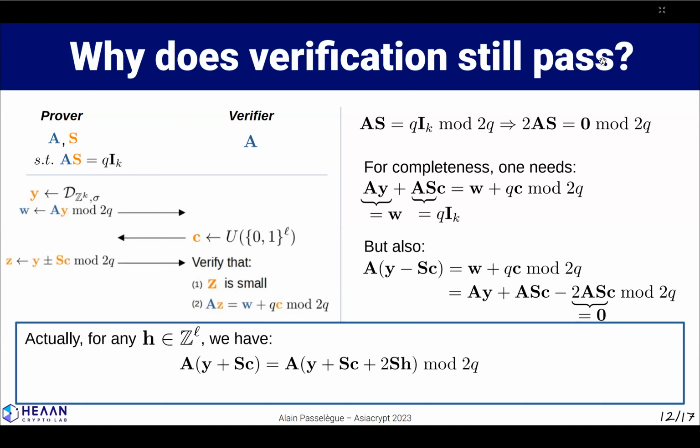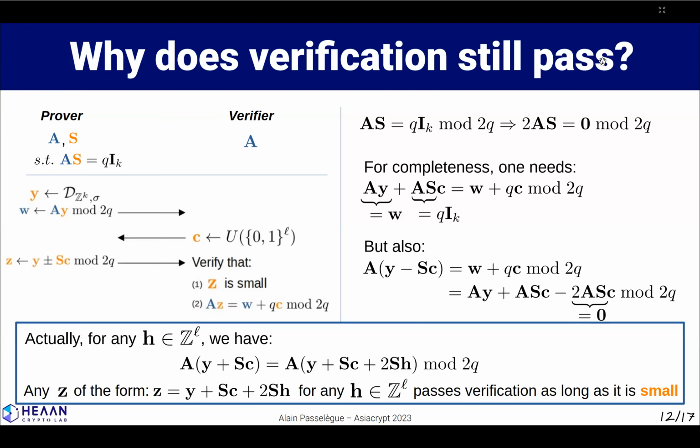The only thing that matters is that the last term is in theory a multiple of 2S, because what you want is for this term to get cancelled out when multiplied by A. So the second verification equation will still pass even if you choose Y plus SC minus 2 times S times H, or any H in this situation, just because 2 times A times S is equal to 0. So okay, what's the idea for G plus G?